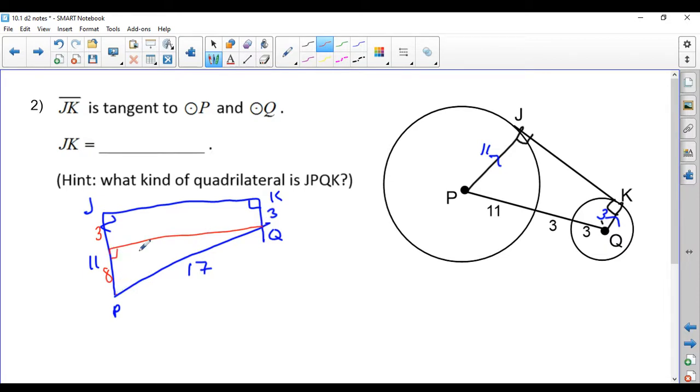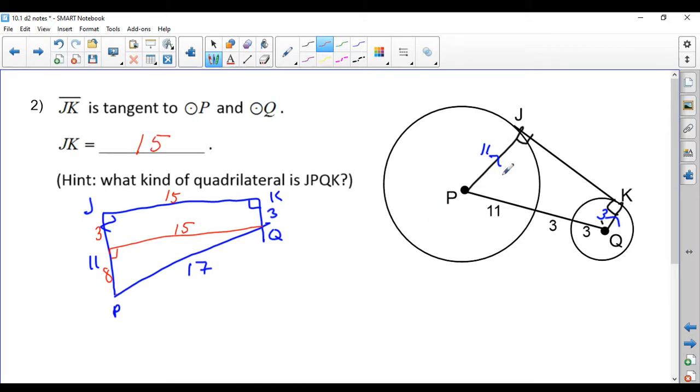This right triangle now has a leg that's 8 and a hypotenuse that's 17. You can either use the Pythagorean theorem or recognize the Pythagorean triple, 8, 15, 17. We can use the leg and the hypotenuse to find this leg. Now we look at the rectangle. Rectangle opposite sides are congruent, so JK is also 15.